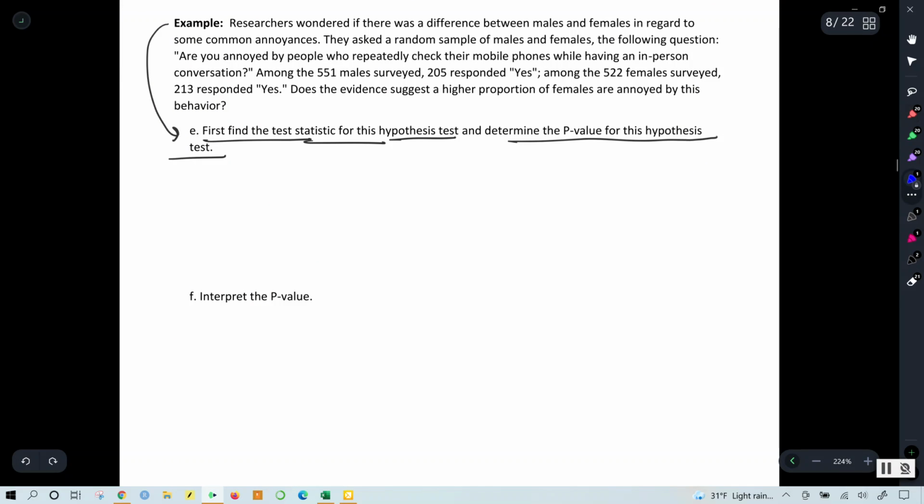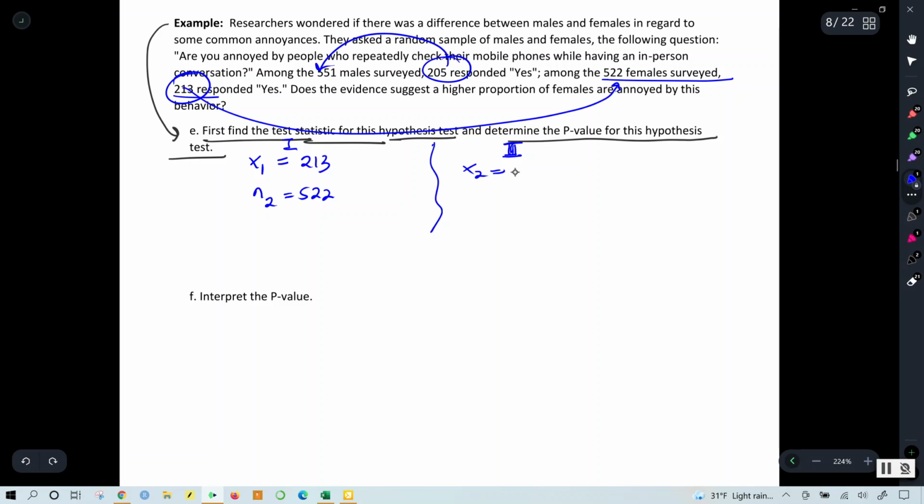So take note, earlier we noted that our x1 was equal to, for females, 213 out of 522. And that was for population 1. And then for the second sample, x2 was 205 out of 551.